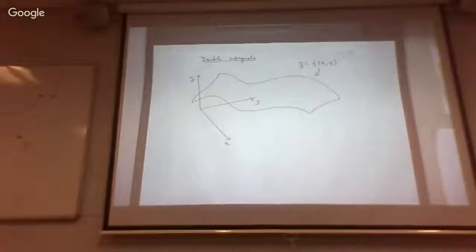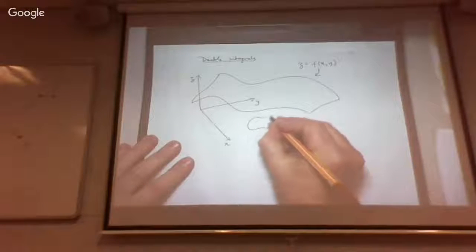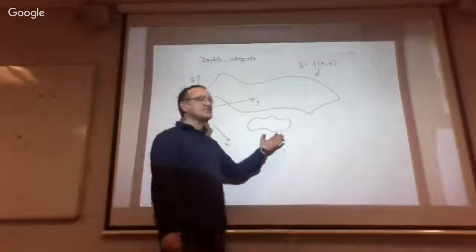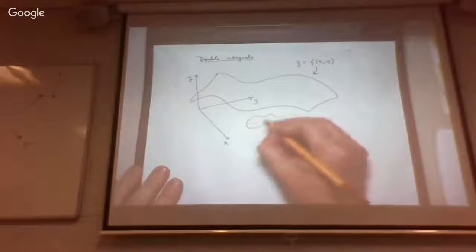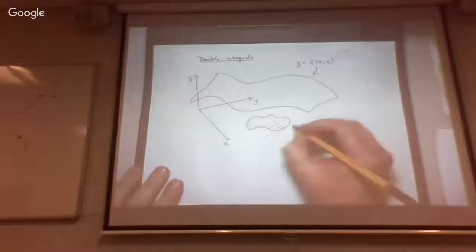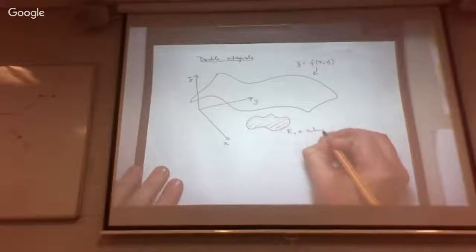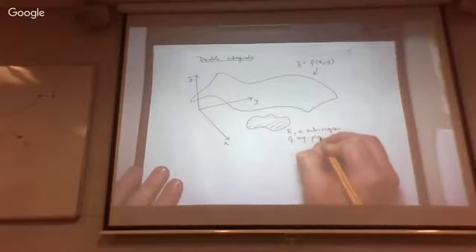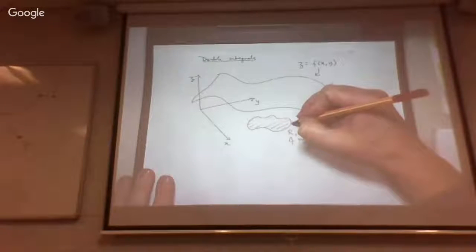Now, this second type of integration, just in general, is going to allow us to take a somewhat arbitrary, or some kind of nicely described region in the plane. So we'll have R, which is a subregion of the xy plane, and it's going to allow us to look at the cylinder, if you like.